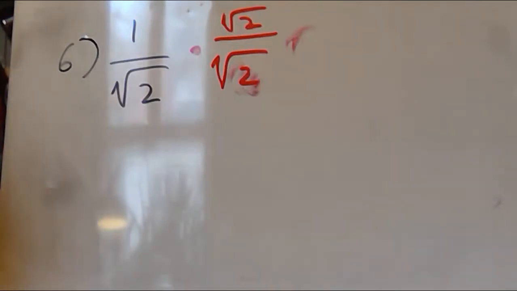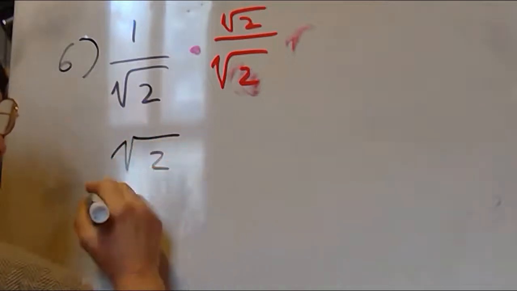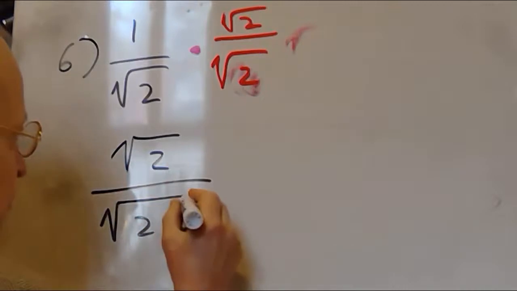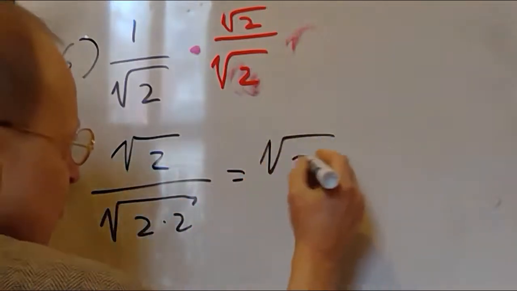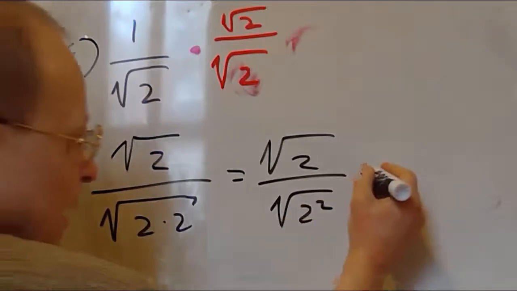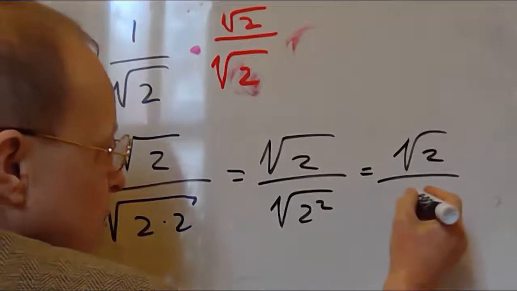And that's equal to square root of 2 on the top. And here we have square root of 2 times square root of 2, which is 2. So square root of 2 on the top, and then 2 on the bottom. And that's the same thing as saying the square root of 2 over 2.